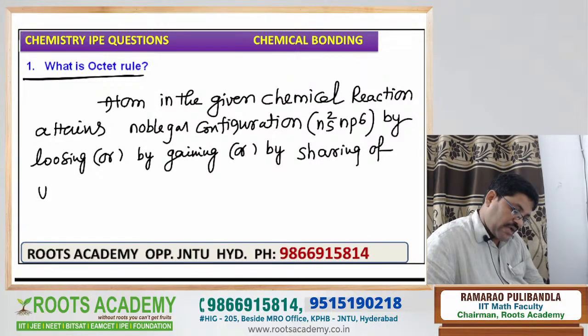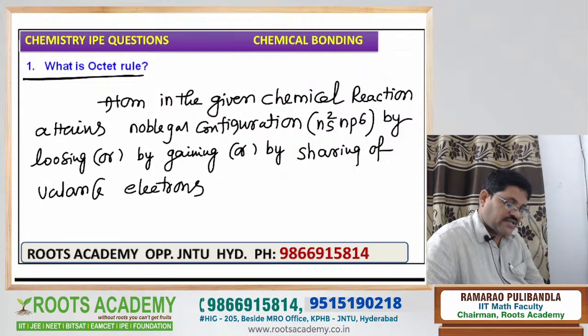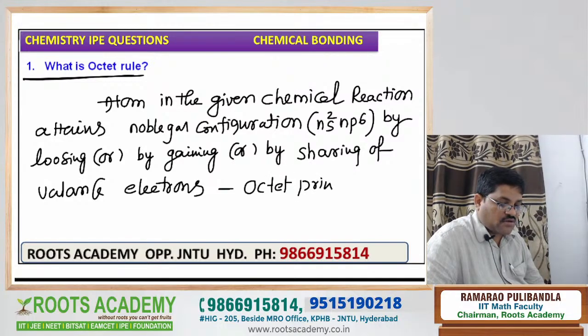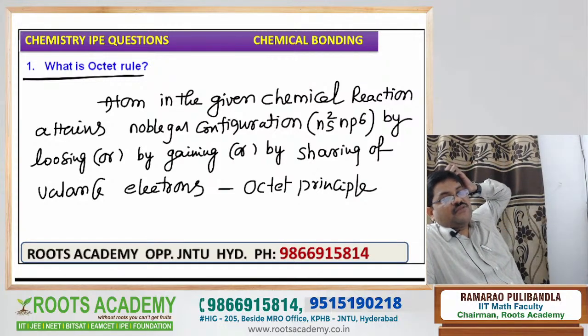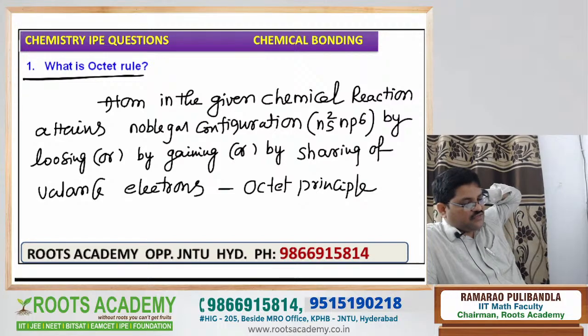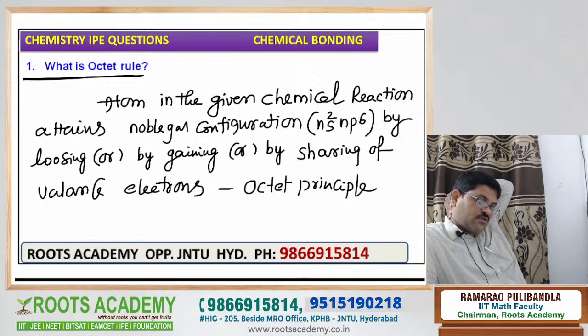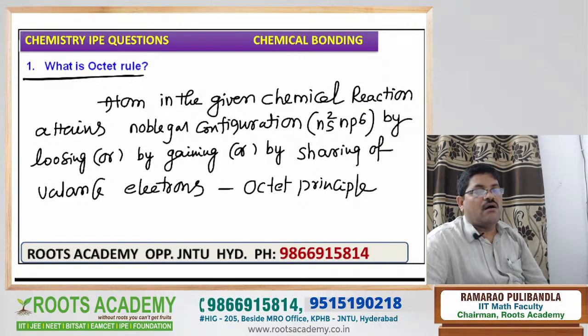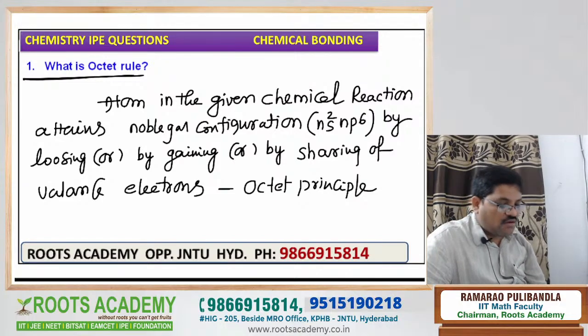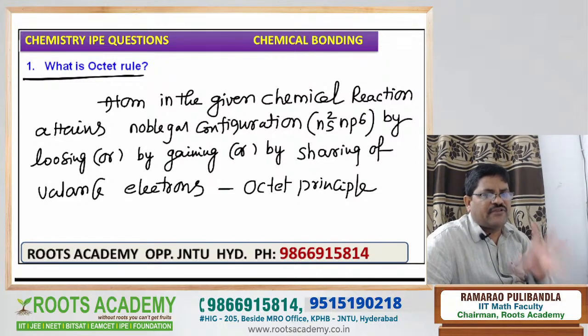Valency electrons, because the valence electrons are involved in chemical reactions. It is known as what? The octet principle, also called the octet rule. Repeat the statement once again: because the atom is the smallest species in matter, the atom in a chemical reaction attains the noble gas configuration ns2 np6 by losing, gaining or sharing valence electrons. That is called the octet principle. You write like this and definitely you get 2 out of 2 marks. It's a perfect statement, right?